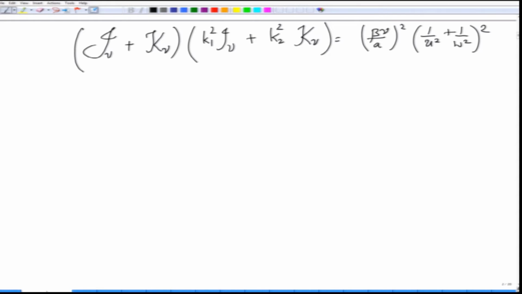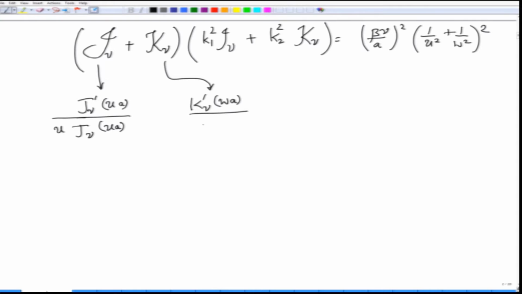Here J nu is given by another complicated expression, J nu prime of U A divided by J nu of U A, with a U also getting multiplied. K nu is given by K nu prime, the derivative of the Bessel function with respect to the argument, so K nu prime W A divided by W into K nu of W A. And similarly here J nu is this one and K nu is this one.